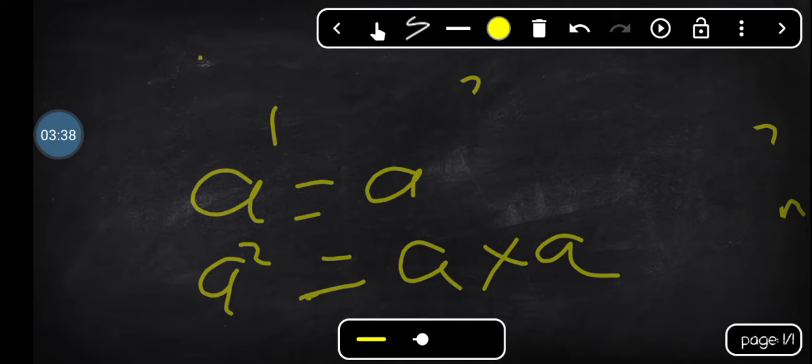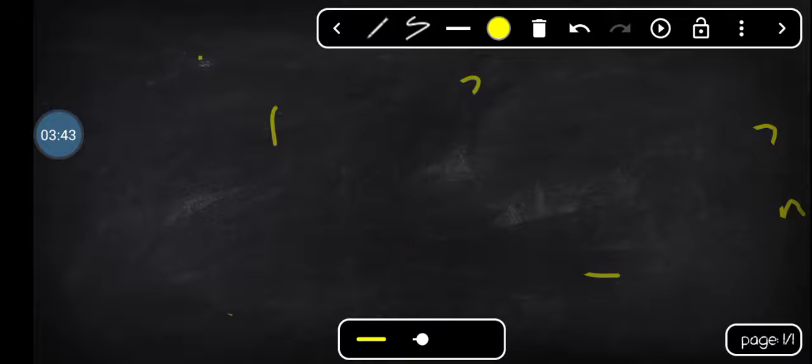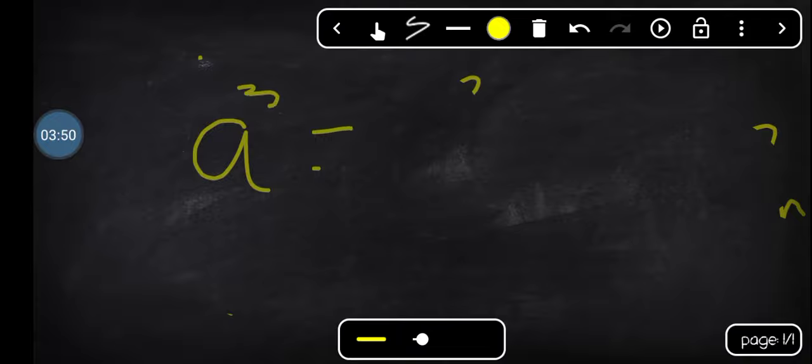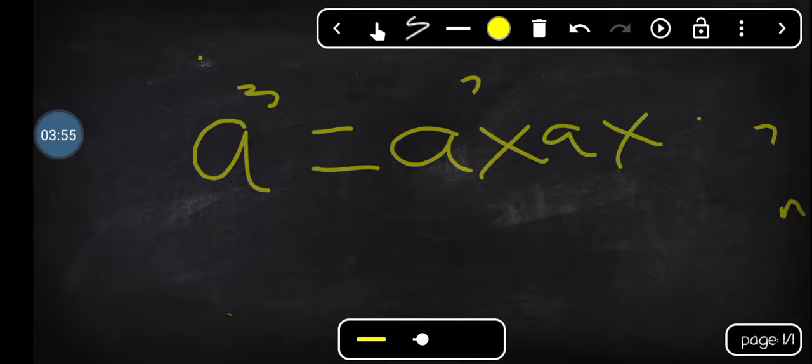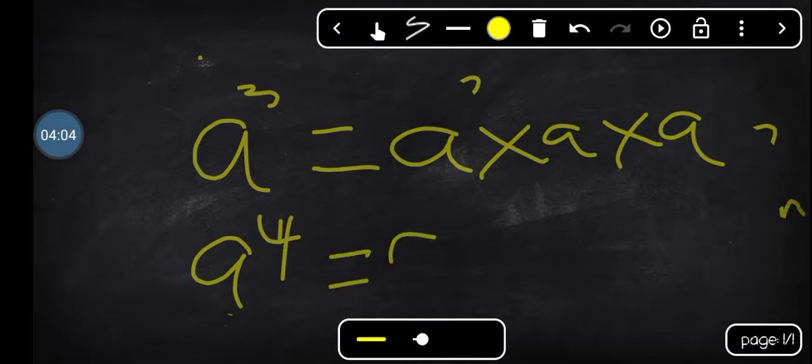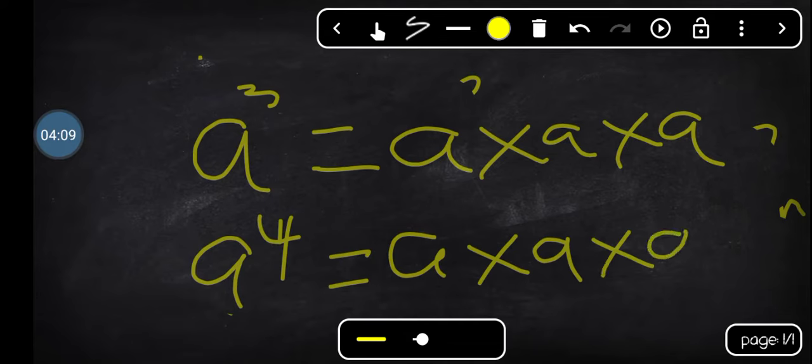Let's say we have a raised to power 3. That will be a times a times a, 3 places. If you have a raised to power 4, we have a times a times a times a.